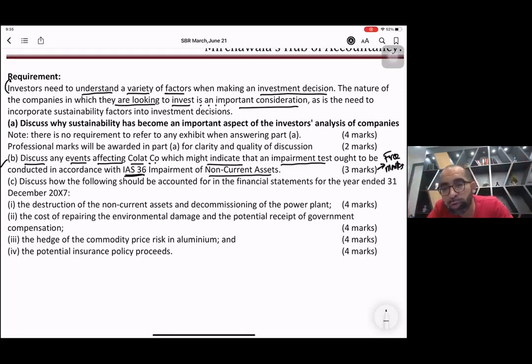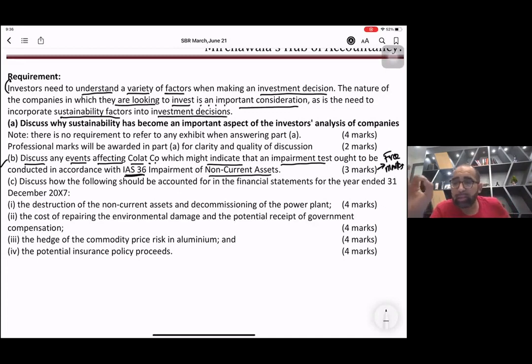Institutional investors are like mutual funds, pension funds, those who invest the public money in stock markets, in real companies. Please concentrate. The nature of the companies in which they are looking to invest is an important consideration, as is the need to incorporate sustainability factors into investment decisions.